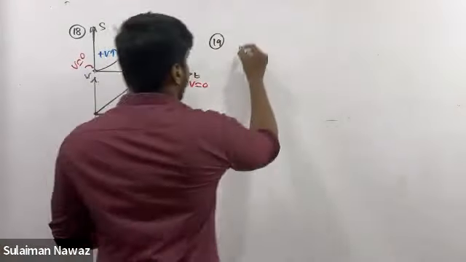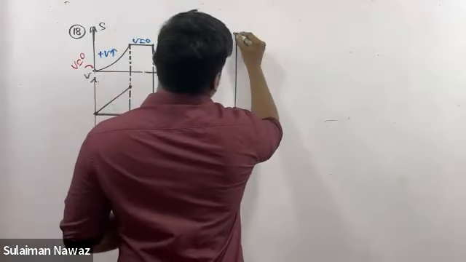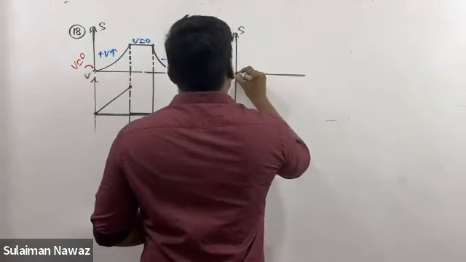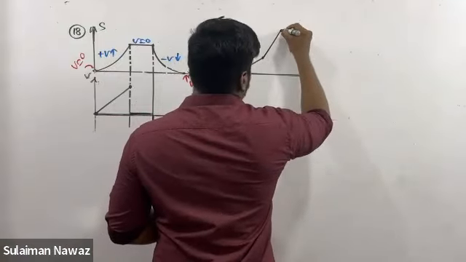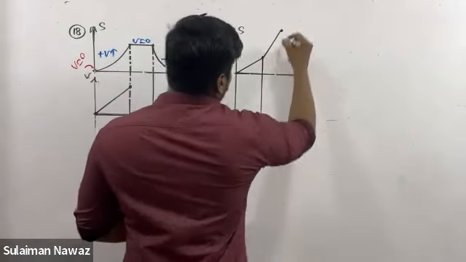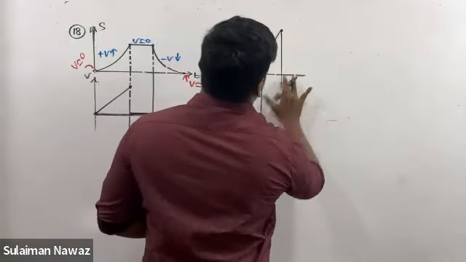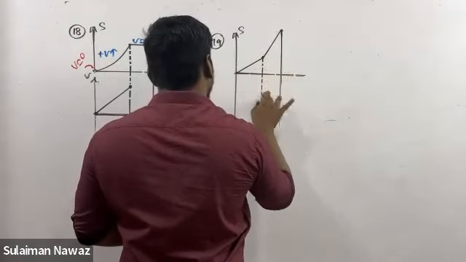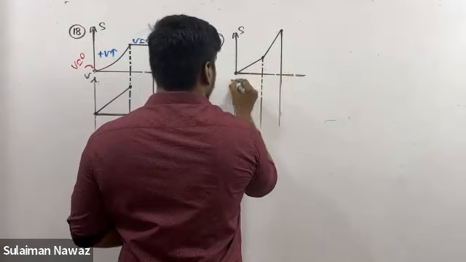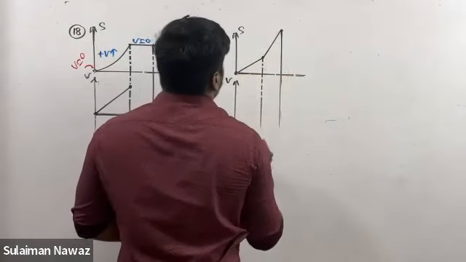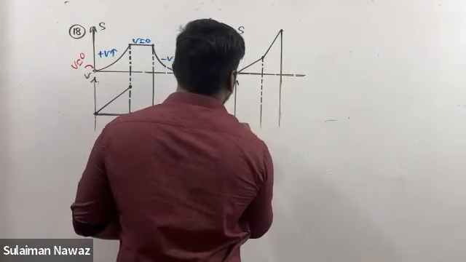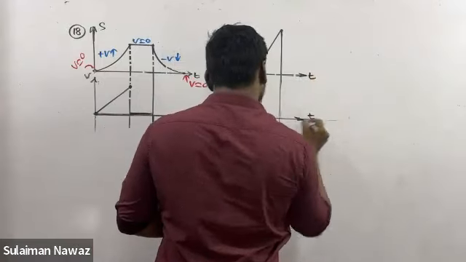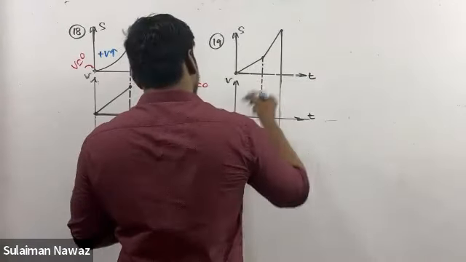19. Something like this. ST. Right? 19 says that acute angle constant.